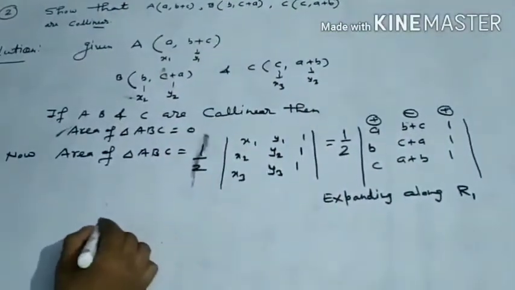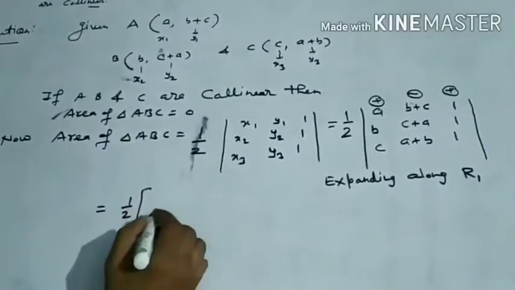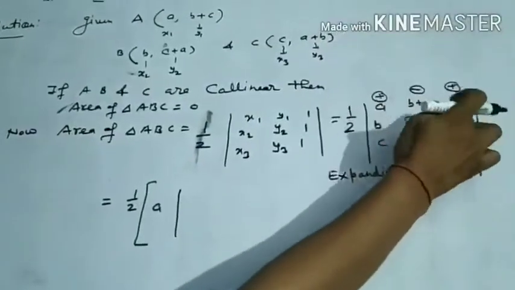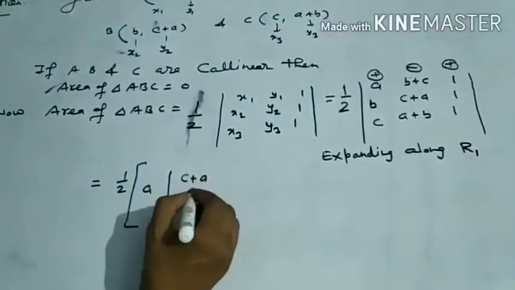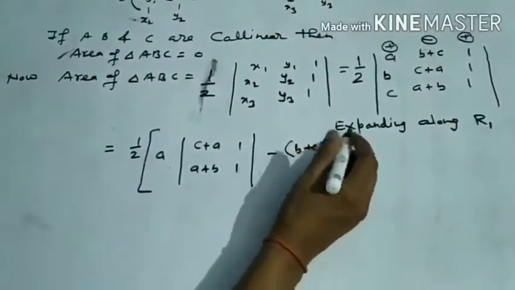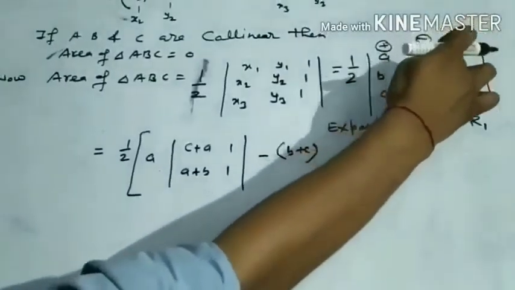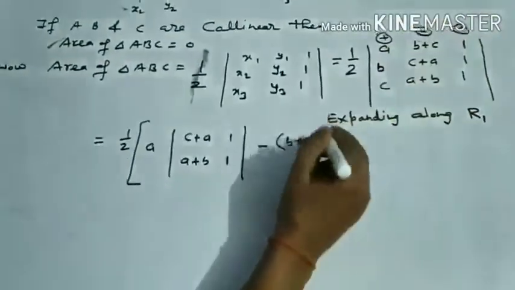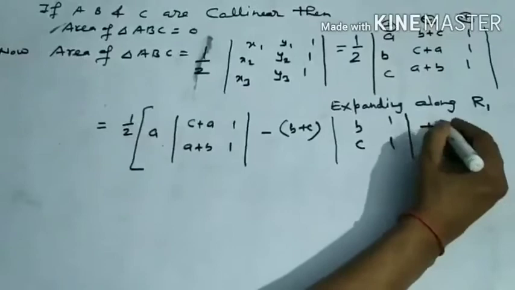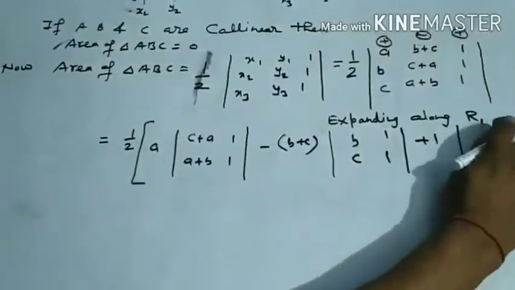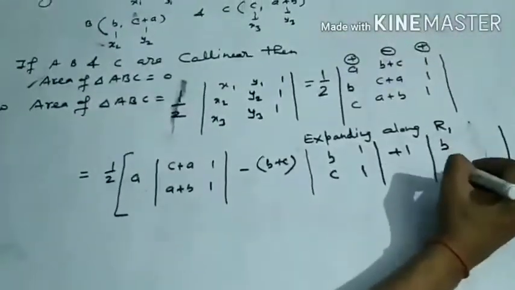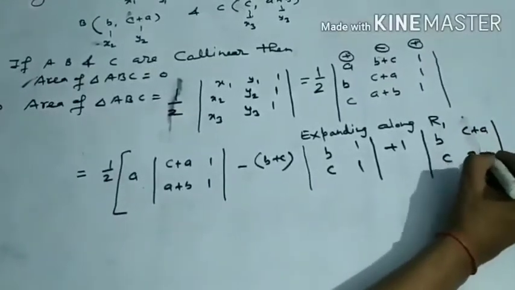So what we will get is 1 by 2, then A, then the subdeterminant after leaving the first column and first row, which is C plus A, plus B, and then 1, 1, then minus B plus C, then the subdeterminant after leaving the first row and second column, so this is BC, and then 1, 1, and then plus 1, then the subdeterminant after leaving the first row and third column, which is BC, C plus A, and A plus B.